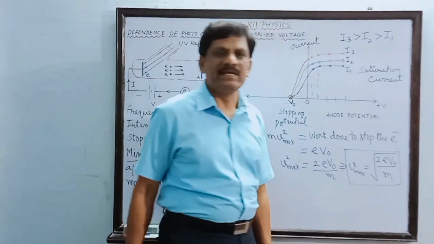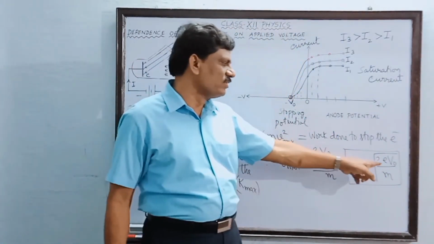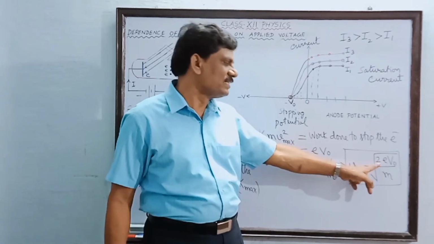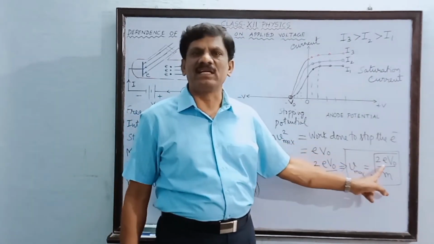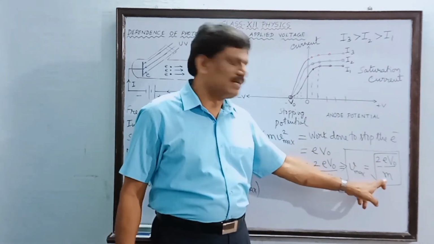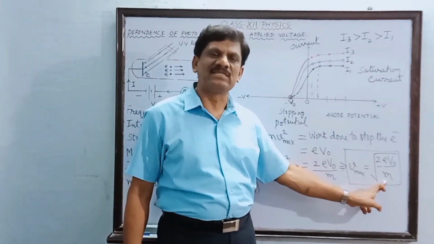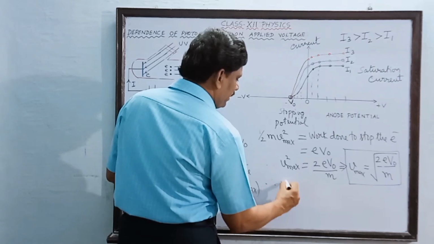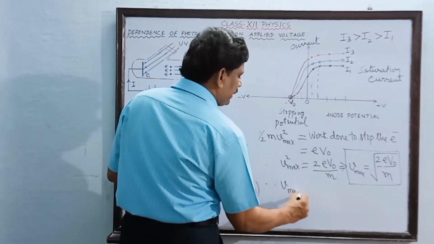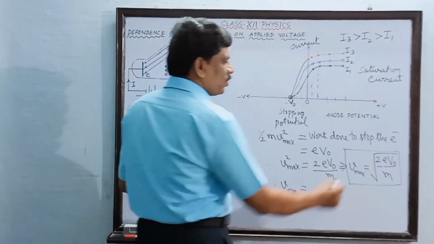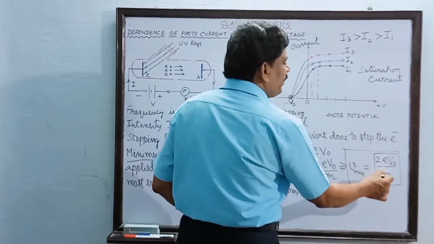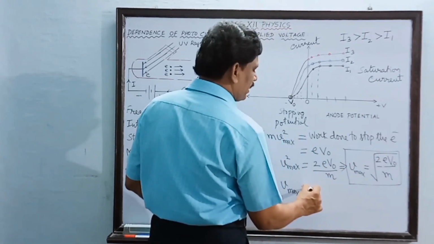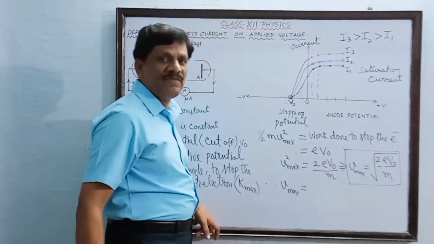On the right hand side of the equation, what are the terms you see? 2 is a number which is constant. e is the charge of the electron which is constant. m is the mass of the electron which is also constant. Therefore, v maximum is equal to the square root of 2e by m, which is the square root of some constant, multiplied by V0.